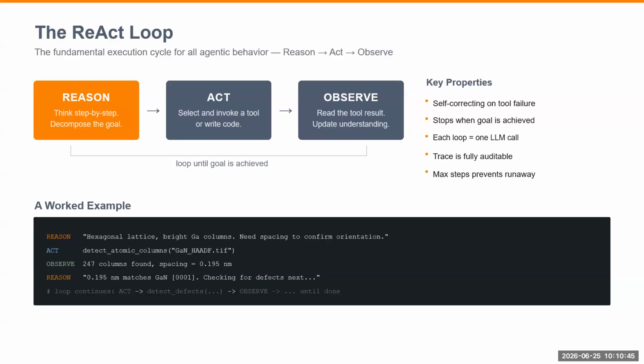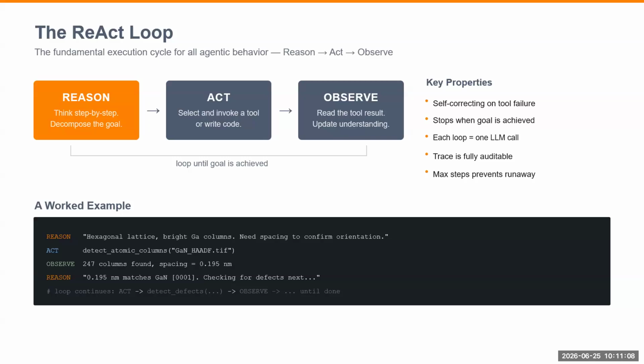One worked example here, looking at STEM microscopy, is, let's say we have some type of material. We want to look at the d-spacing and determine the orientation. So the LLM will detect; we will have a tool that says detect atom columns. And these are just examples, not actual movements or anything like that. It will observe the actual action.